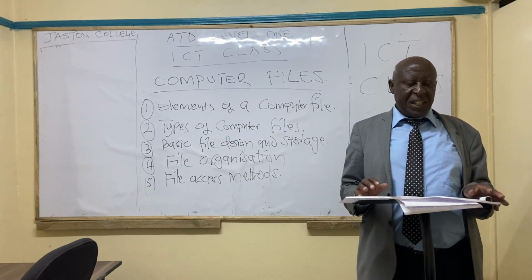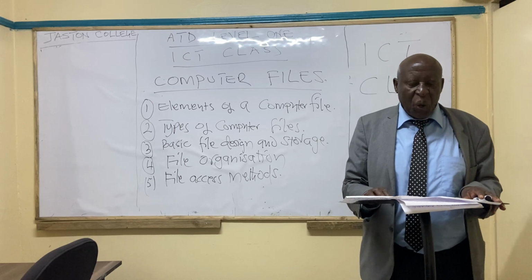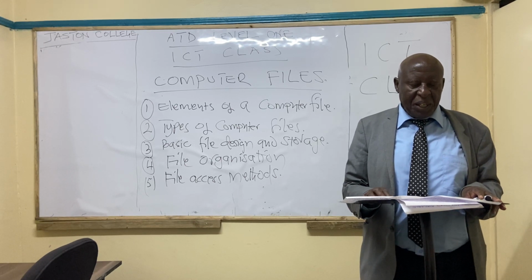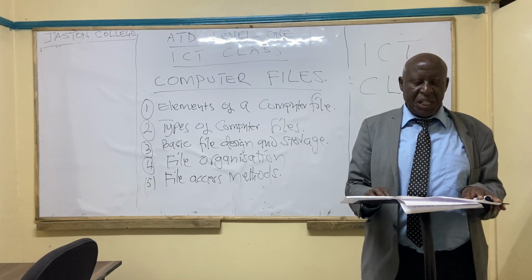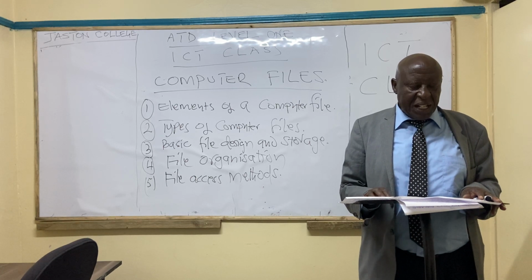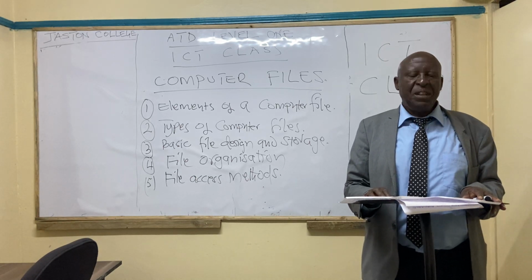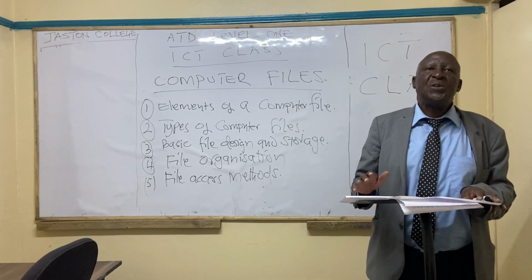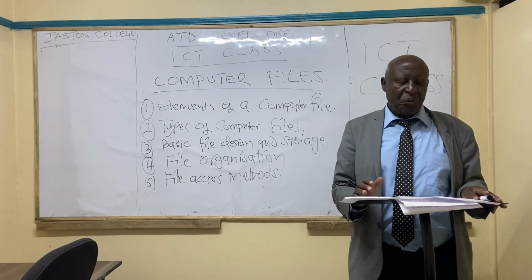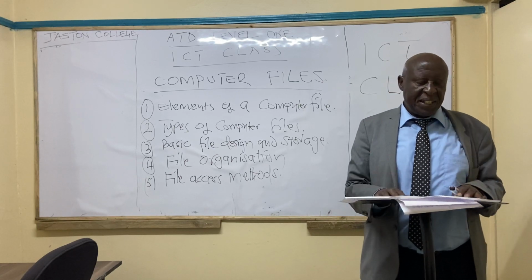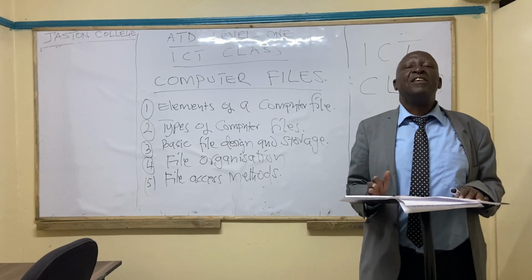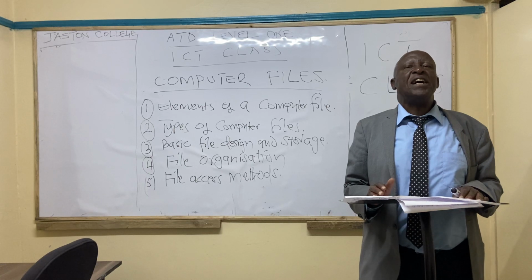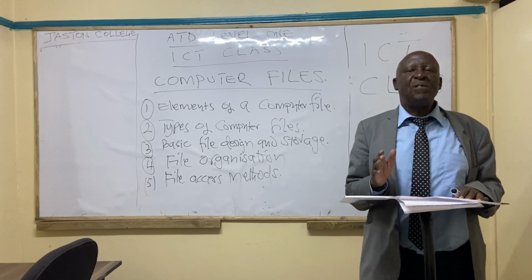So, once having created a file, one must have the means of access to particular records within the file. And what gives you access to particular records within the file is the key field of that record. What is the key field?